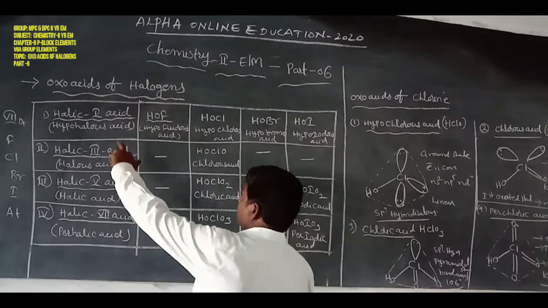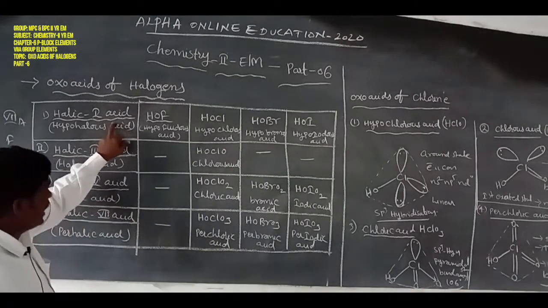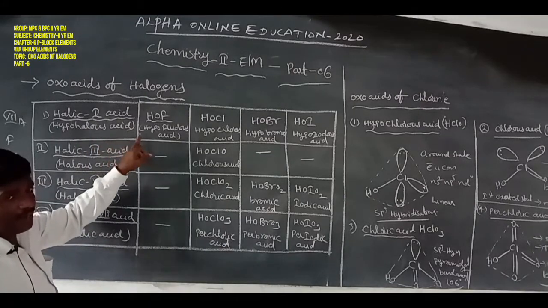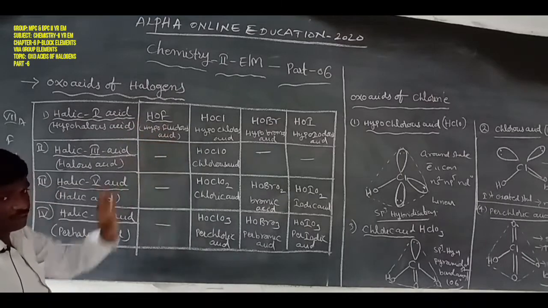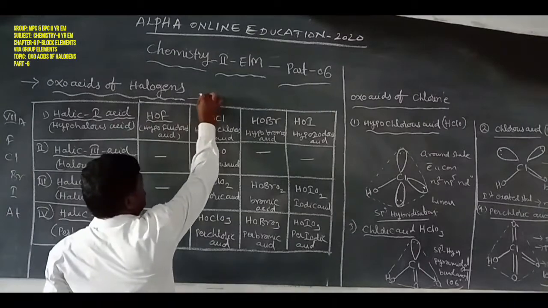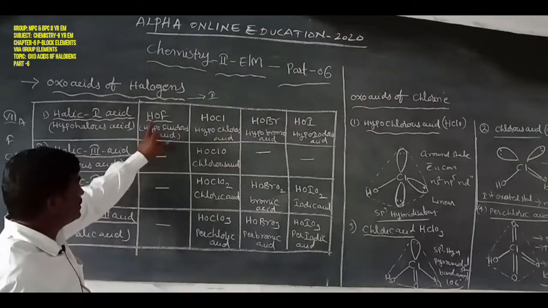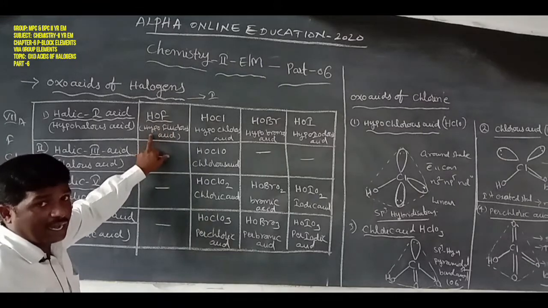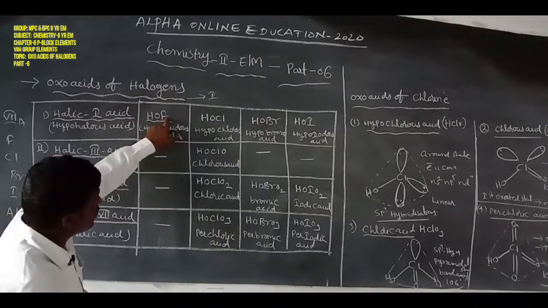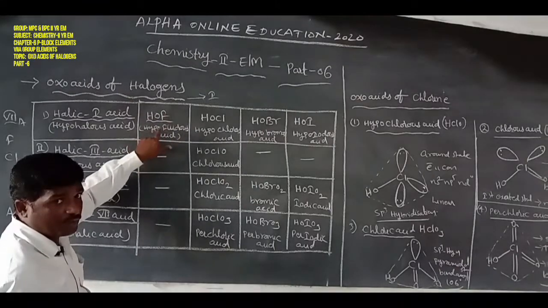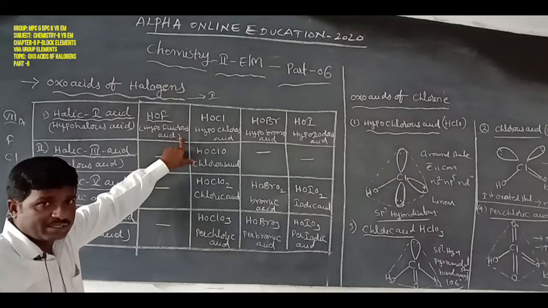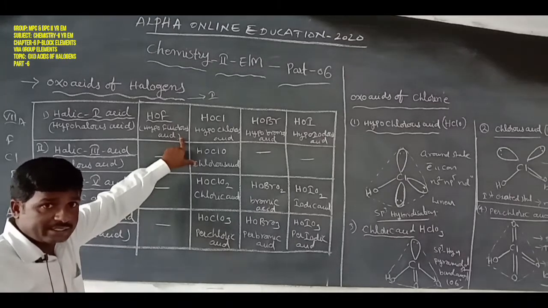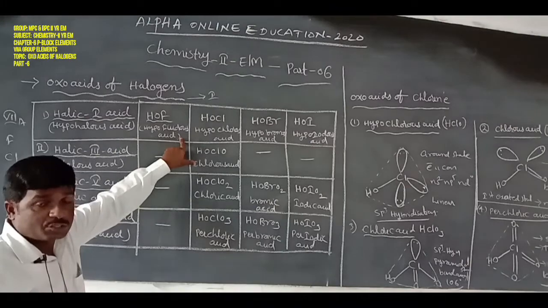For example, take halic 1 acid, also known as hypohalous acid. Fluorine, chlorine, bromine, and iodine form halic 1 acids. With fluorine, the halic 1 acid is HOF, known as hypofluorous acid. Fluorine forms only the halic 1 acid because it is the most electronegative atom with a small atomic size.